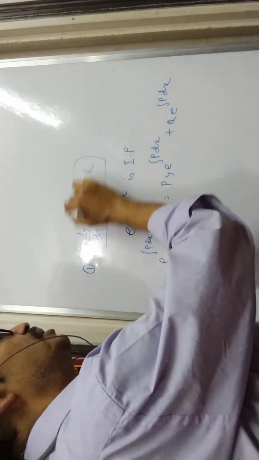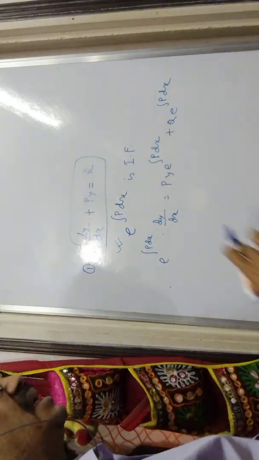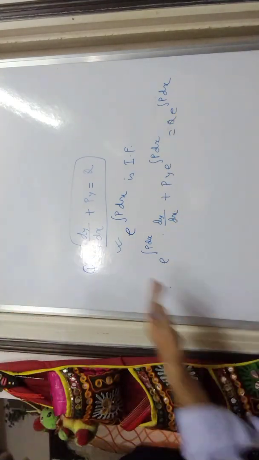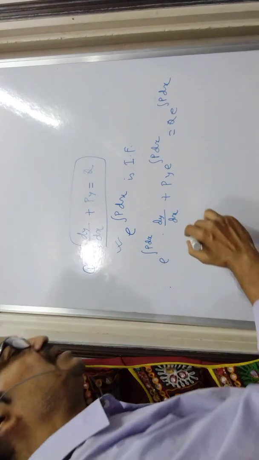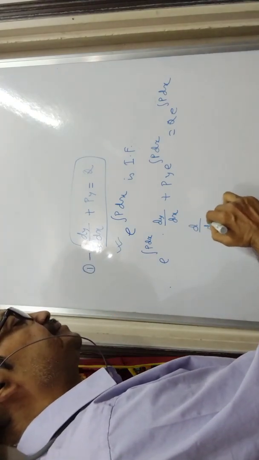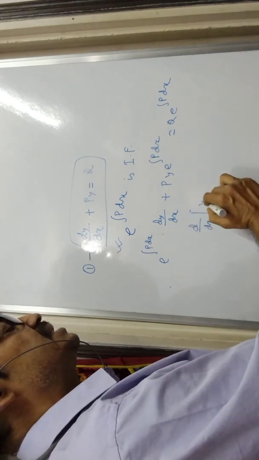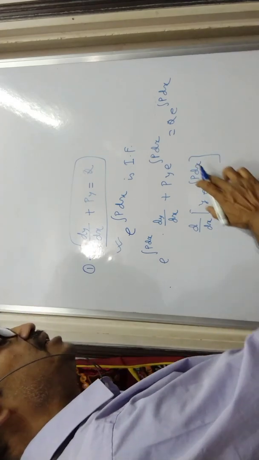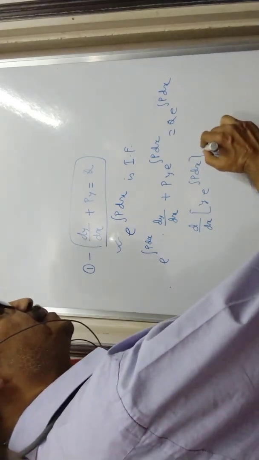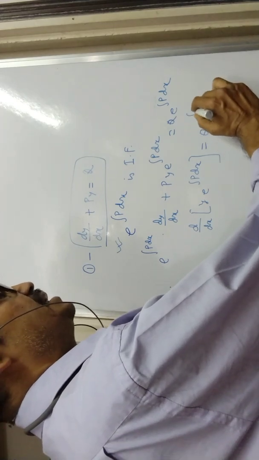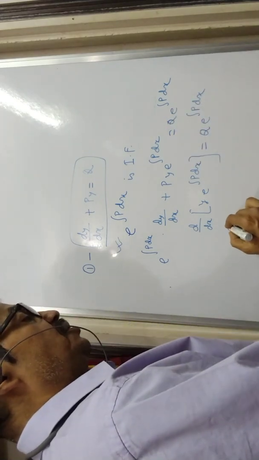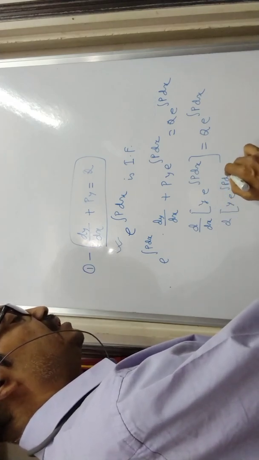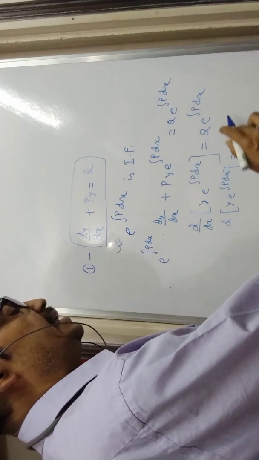Only in this form we have this integrating factor, and so when we multiply it with the integrating factor, it can easily be understood that this term is nothing but d/dx of y e to the power integral P dx, and hence when we write it in this form it becomes integrable.